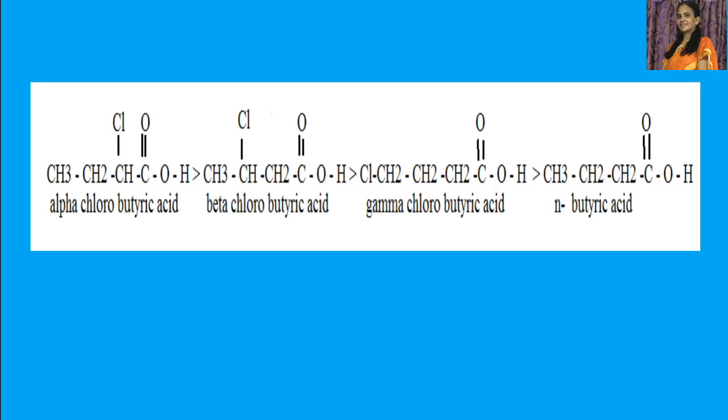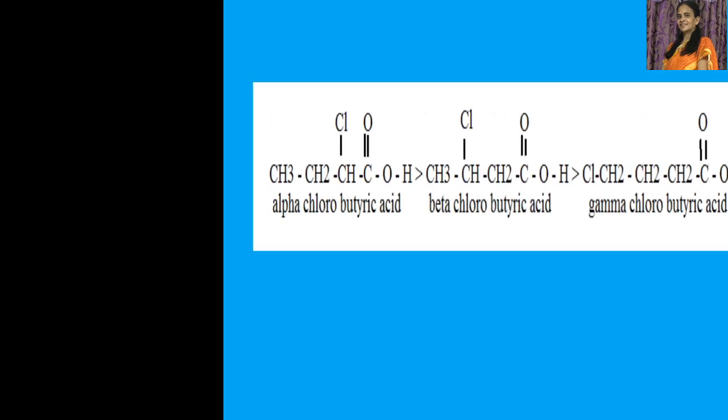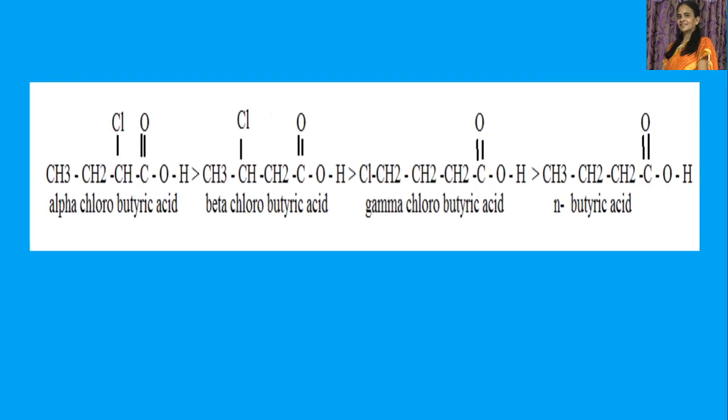Therefore, when we compare the acidic strength of these acids, we can say that as the distance from the source decreases, the acidic strength increases, or as the distance from the source increases, the acidic strength decreases. This point we should remember.